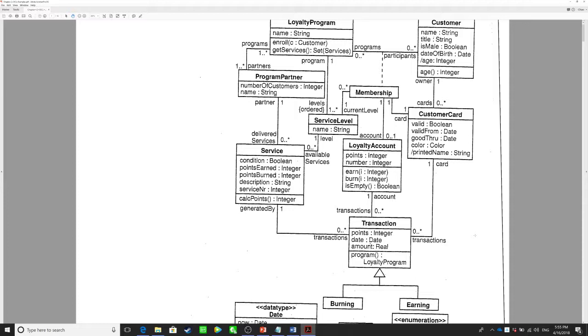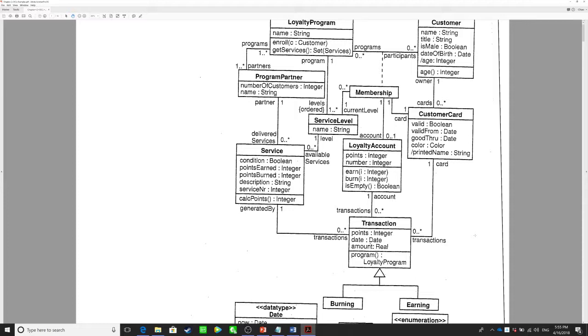Give me an answer. Someone volunteer. The question is the customer card will be valid when it's issued to a new customer. That means we want the initial value of the customer card to be true. What is that value? Not 0, some variable to be true.